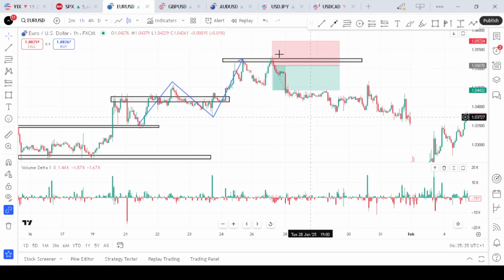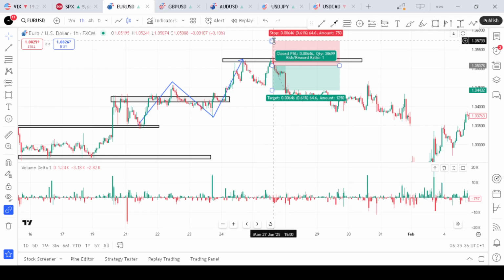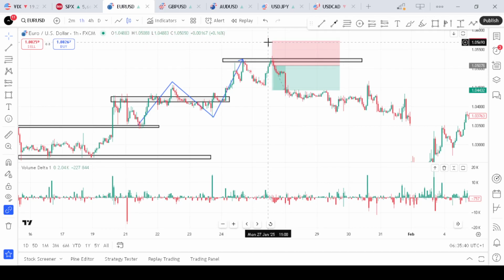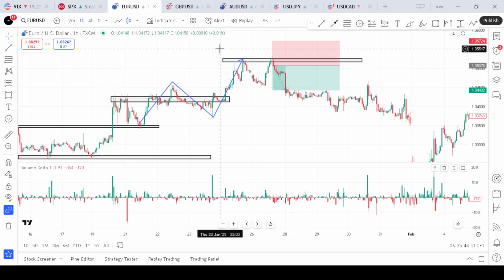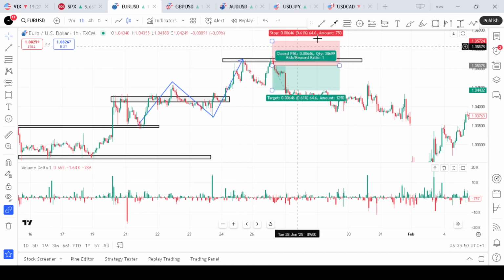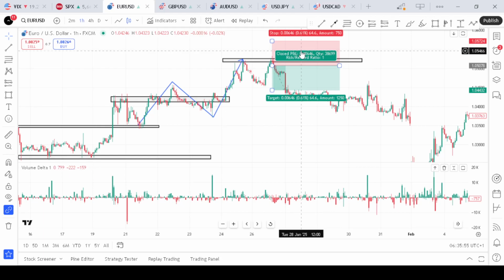The next step is to always ensure you trade with a stop loss. You set a stop loss and you manage your risks, placing your stop loss strategically to protect against unexpected market movements. So for a long trade, you always set your stop loss below the low of the divergence candle. For a short trade, you place it above.